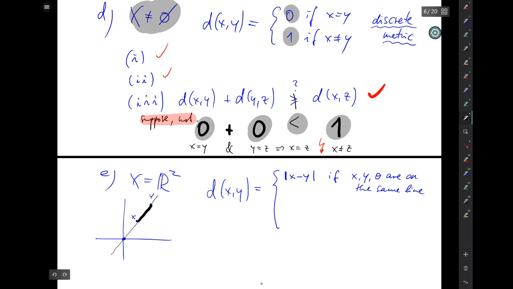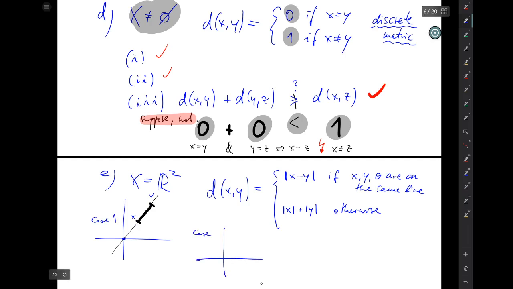So you would just get the usual Euclidean distance of these 2 points. However, if that's not the case, then we define it as norm of x plus norm of y. Otherwise, so this is okay. So this is case 1.